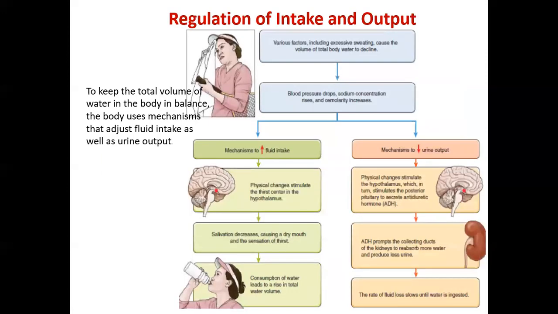So here we show how we keep the balance of fluid intake and output in the body, to keep the total volume of water in the body in balance, and the body uses mechanisms that adjust the fluid intake as well as urine output.